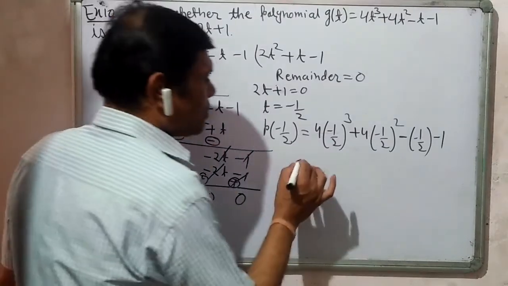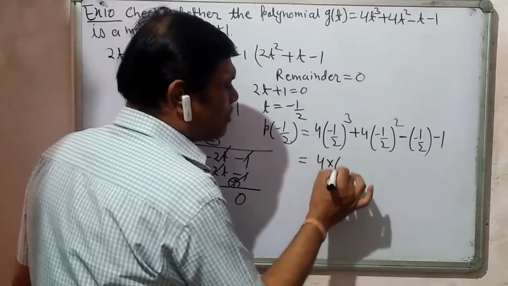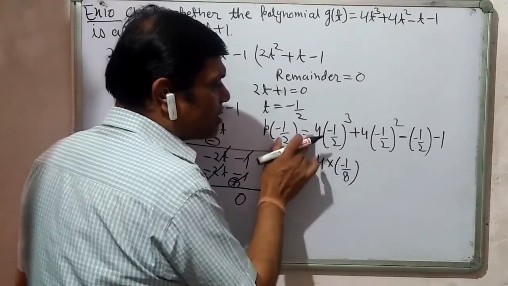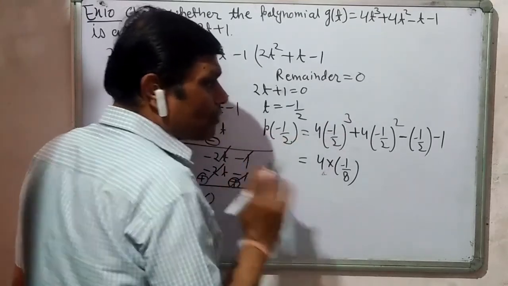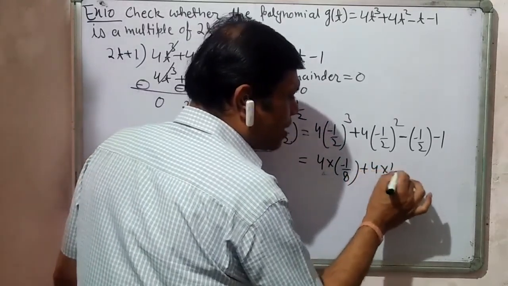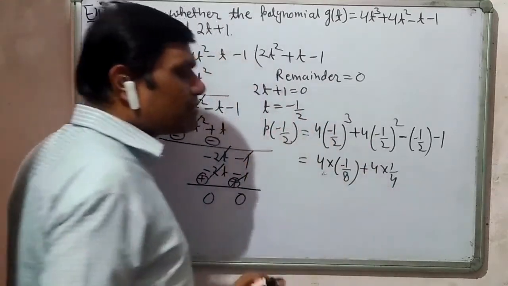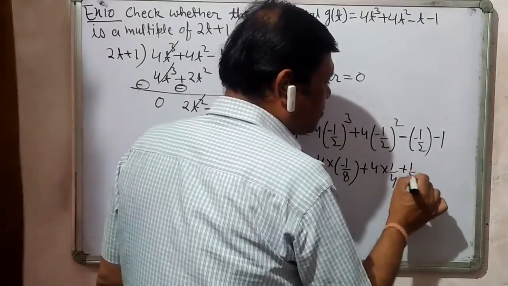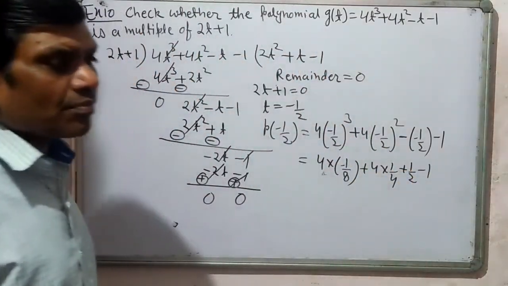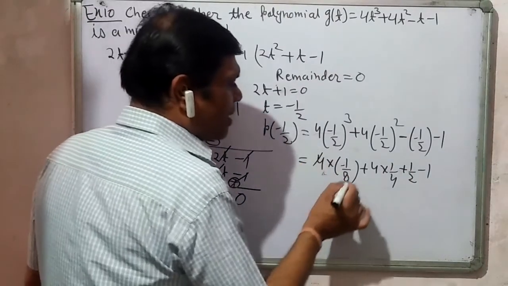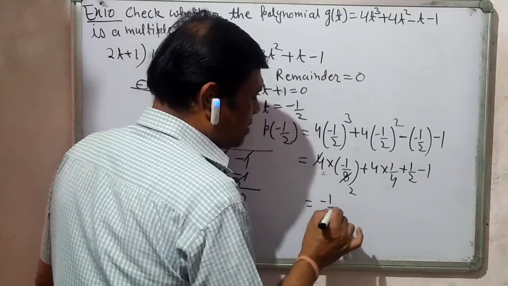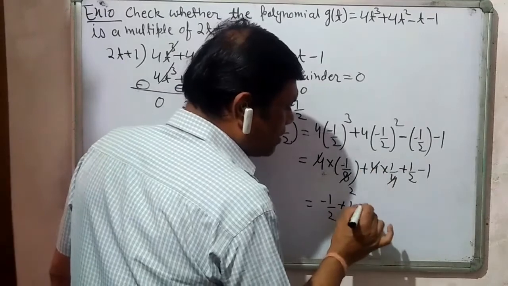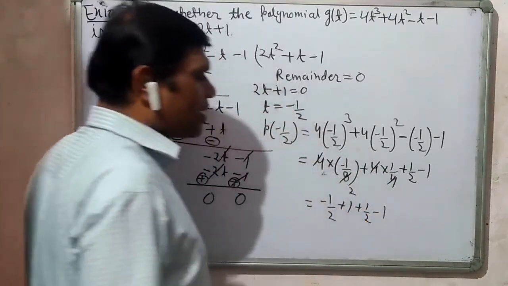Let us solve it out. This should be 4 into minus 1 upon 8. Remember, we have to do the cube first, then we can cancel. We can't cancel 2 and 4 directly. This should be 4 multiplied by 1 upon 4, squares are positive. Calculate this as minus into minus, plus 1 upon 2, and minus 1. Solve this out. What we get is 2 times minus 1 upon 2. This is plus 1. This is positive 1 upon 2 and negative 1.